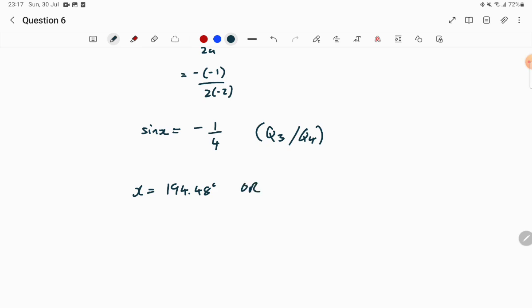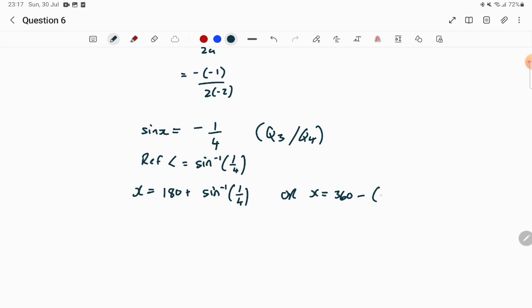If you take shift sine of 1 over 4, let's call it the reference angle, so kind of like a general solution, it's 1 over 4, and then you take 180 plus that shift sine 1 over 4. Let's actually write that in full. So here 180 plus shift sine 1 over 4, or x equals 360 minus shift sine 1 over 4.